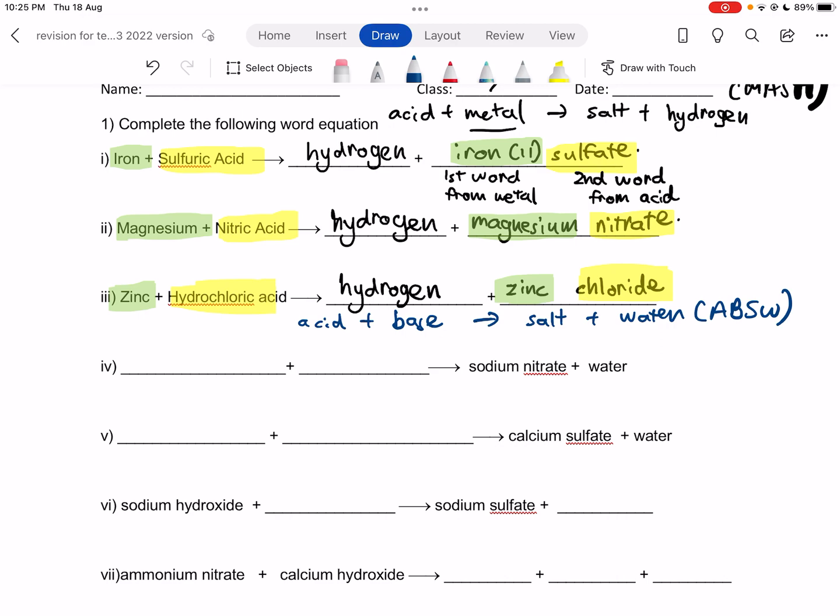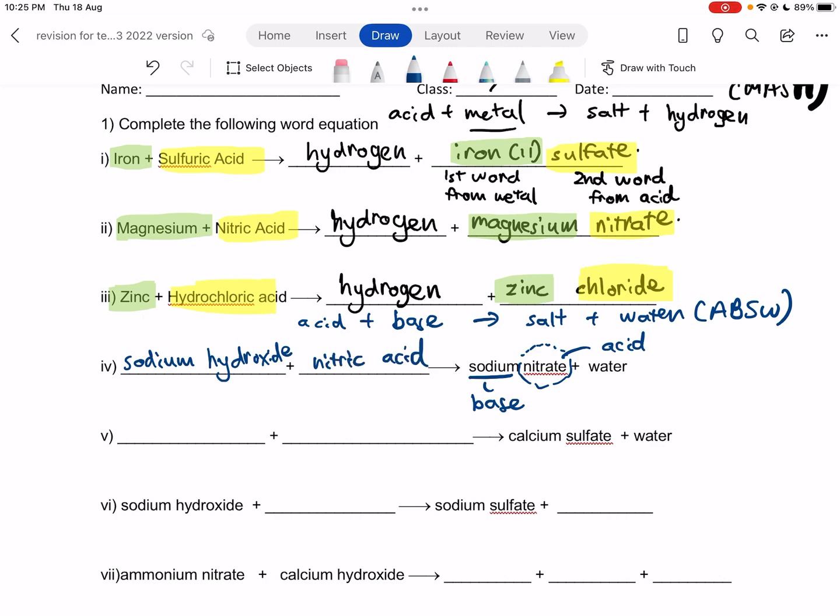Let's have a look. Like I said just now, the second word tells you about the acid, and the first word tells you about the base. So this one is sodium hydroxide plus nitric acid.